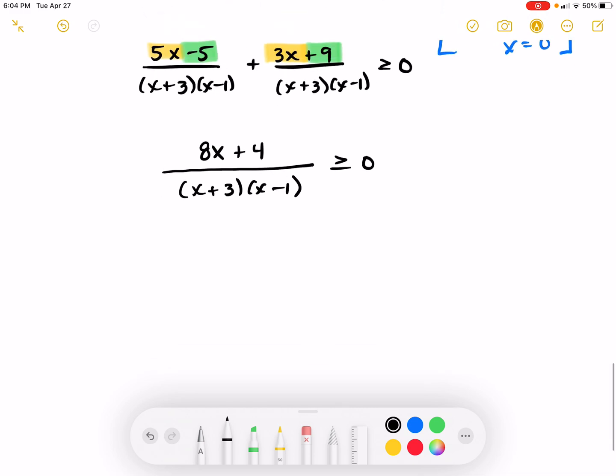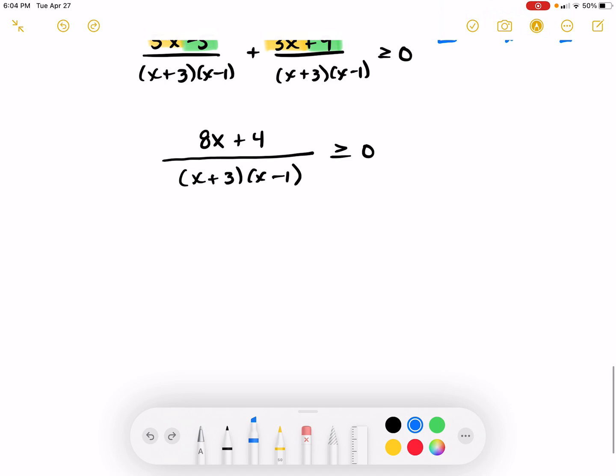So we always want to get 0 on this side, and on this side that I'm looking at, let me highlight, this side we want to get to be a single fraction, okay? So now let's continue on with our sign chart. And the first thing that we do with the sign chart is we need to figure out where the zeros are. Well, the zeros occur in the numerator. So let's set this factor equal to 0, okay?